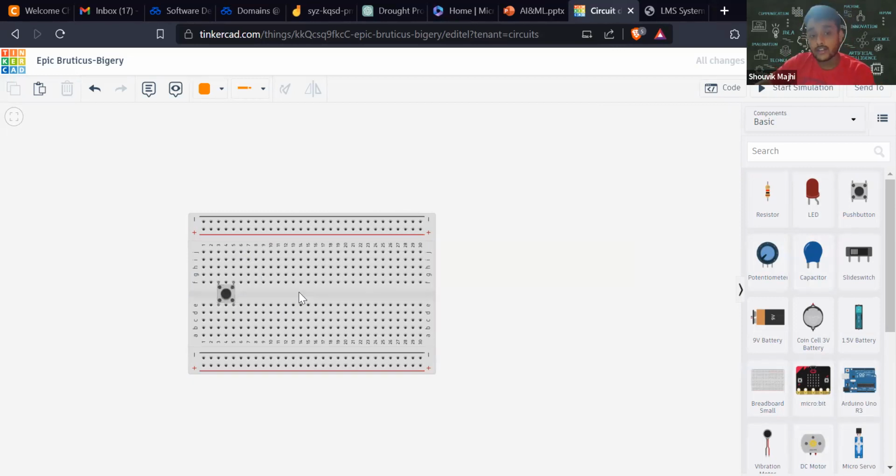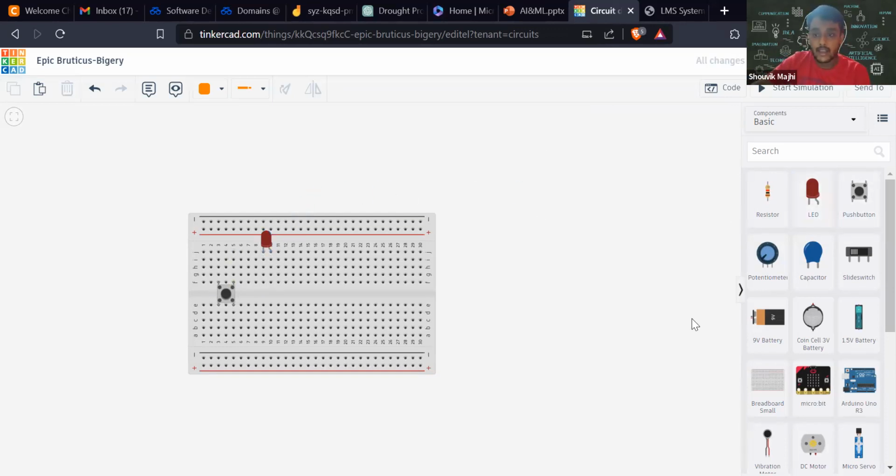So whenever you are connecting a push button, always remember you should connect with the alternative terminals. If you are connecting a negative end to 1B, always try to take an output from 2A also, right? So the connection should be in the opposite direction, right? So I will show you people why I'm telling this.